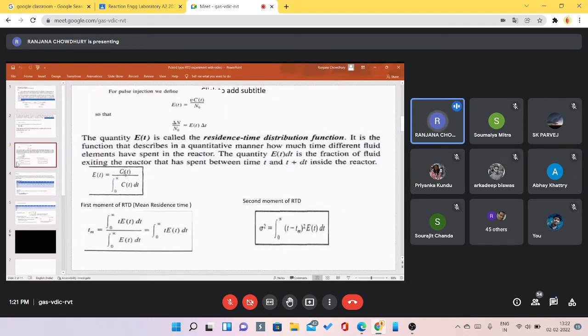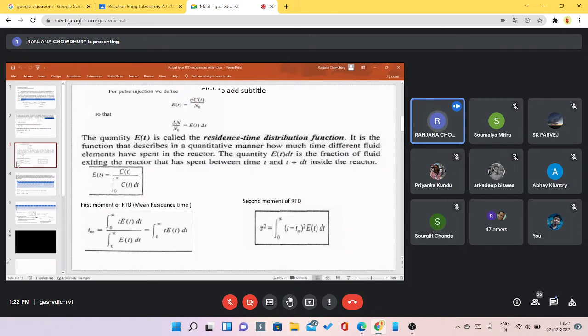Only thing is, as we cannot allow infinite time, the time for which this experiment is run will replace the upper limit. That is, instead of infinity, it will be the time for which we have conducted the experiment.